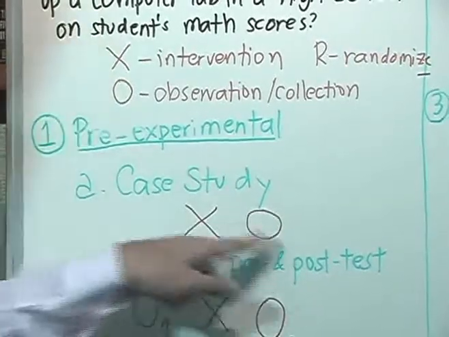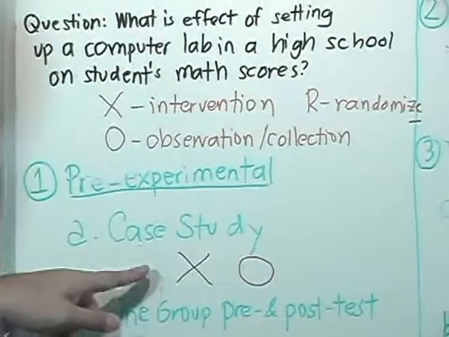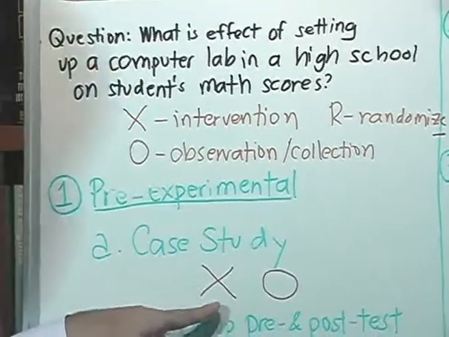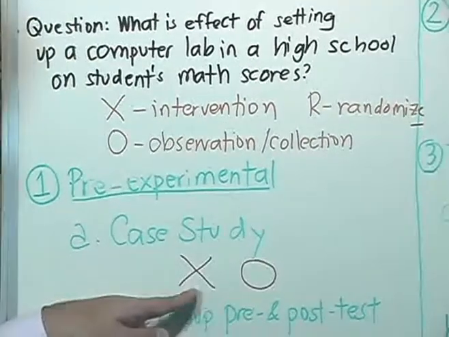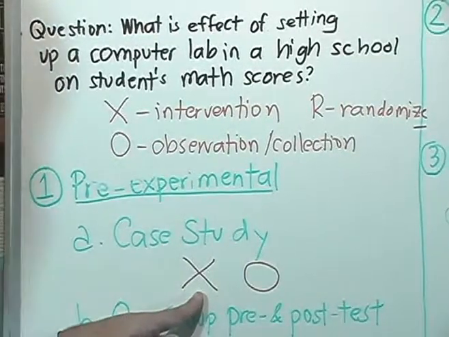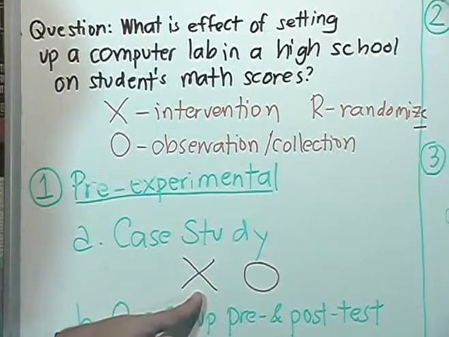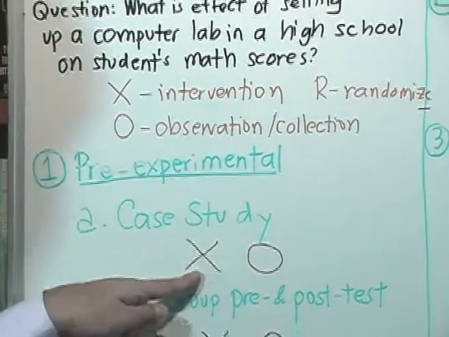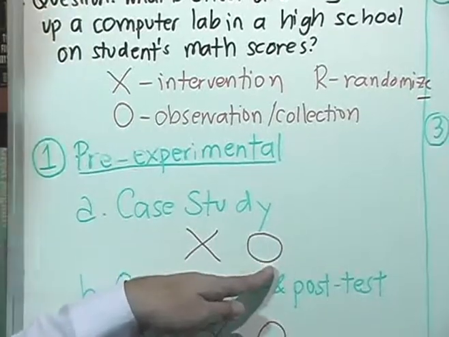So a case study is very easy. For example, if you want to do a case study to attempt to answer this question, what you will do is first do the intervention itself. In this case, this is the intervention where you set up and operate your computer lab in the high school, and then after a certain period of time, let's say 1 year, you will do your observations.